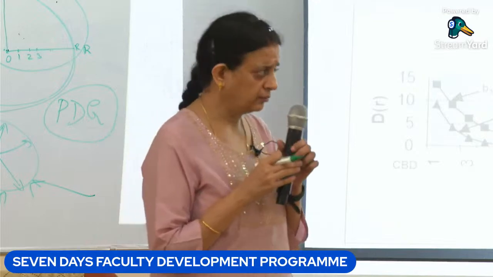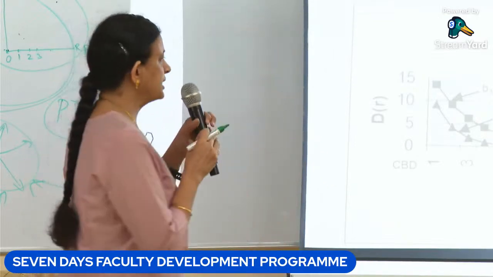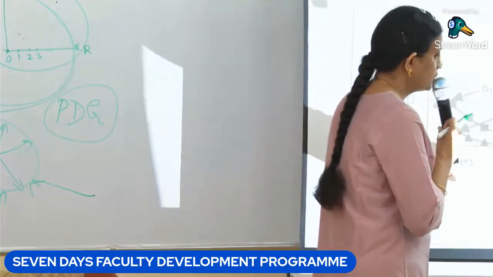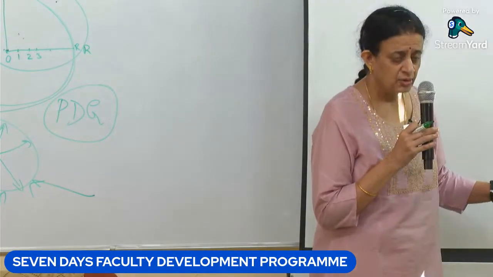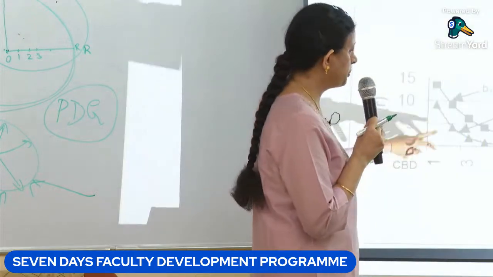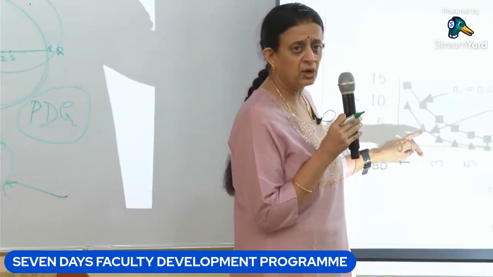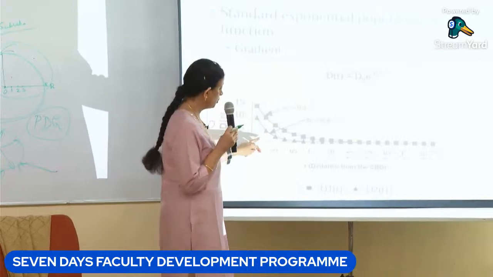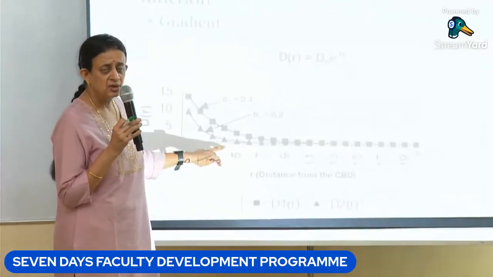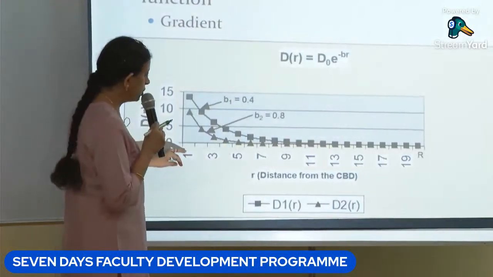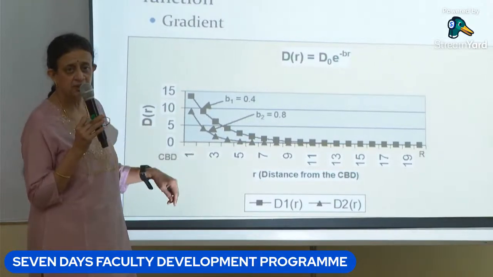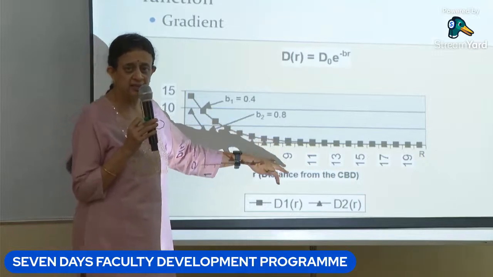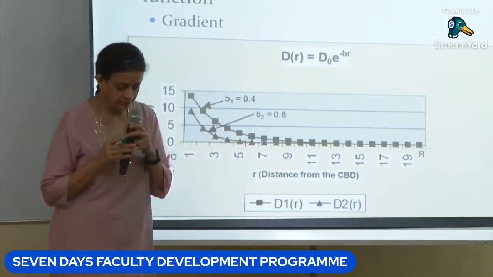So getting this at the sub-city level is a very, very data intensive process, right? You want data on population, you want data on land area, you want data on their distances from the city center, and you want to know which place in the city you're identifying as a city center. So it's a very, very data intensive process.